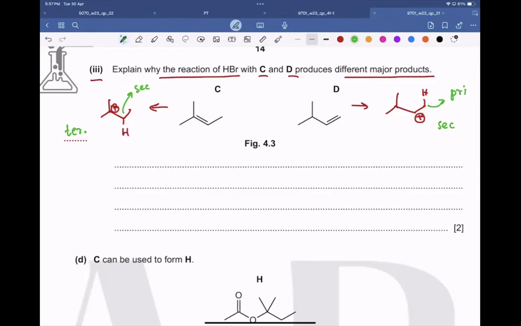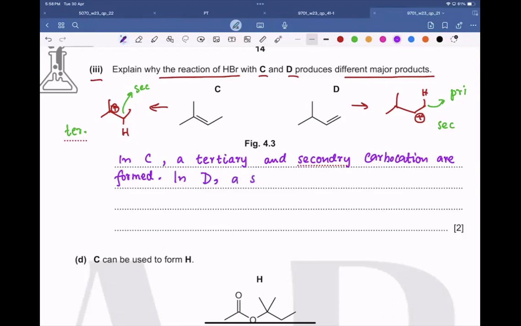Okay, so we are going to explain it on the same basis that in C, tertiary and secondary carbocations are formed, and in D, secondary and primary carbocations are formed. Is this clear?